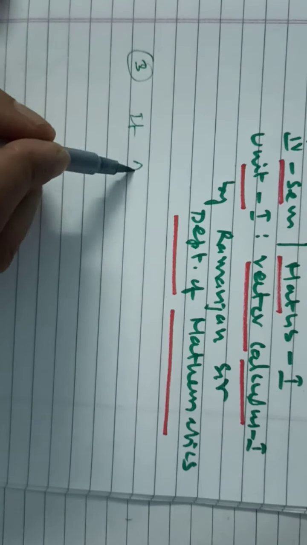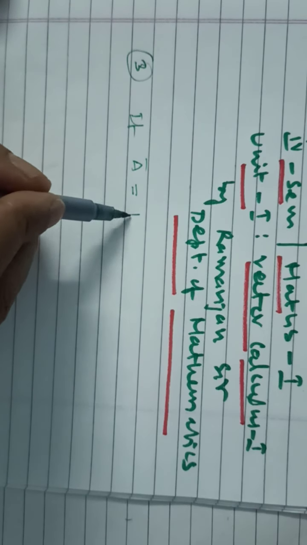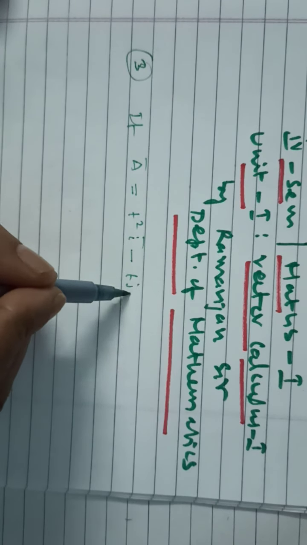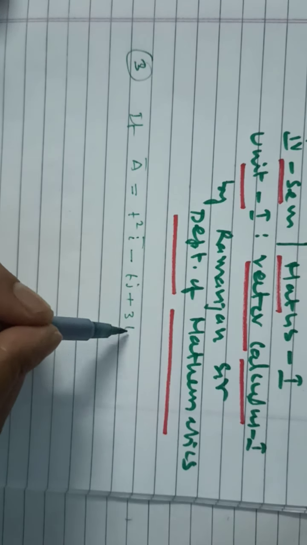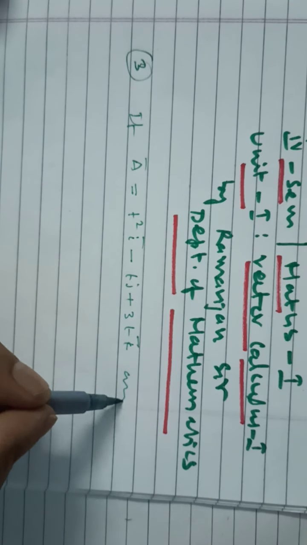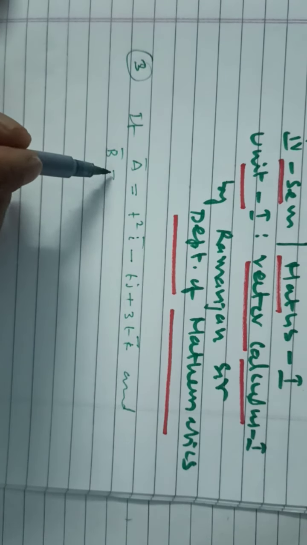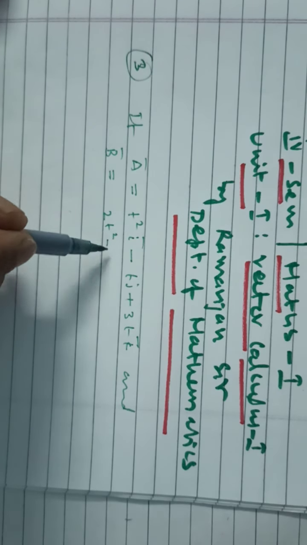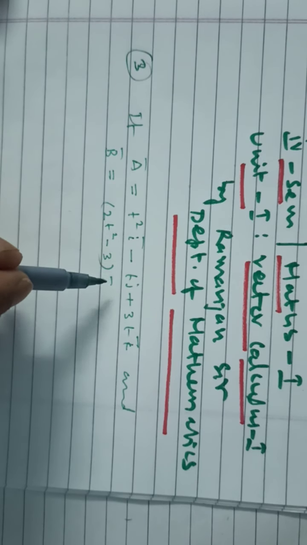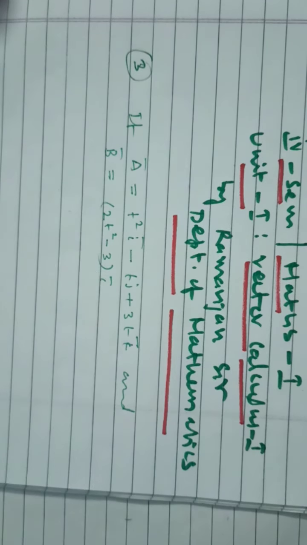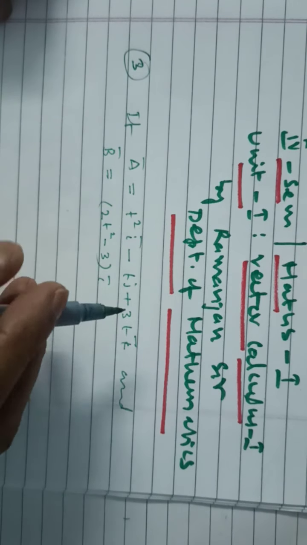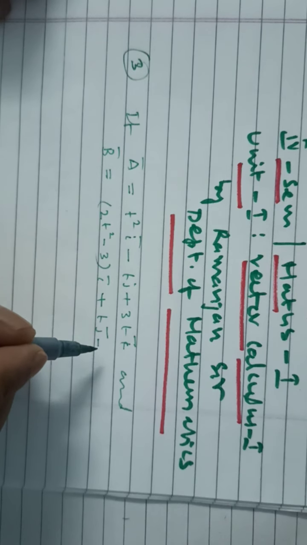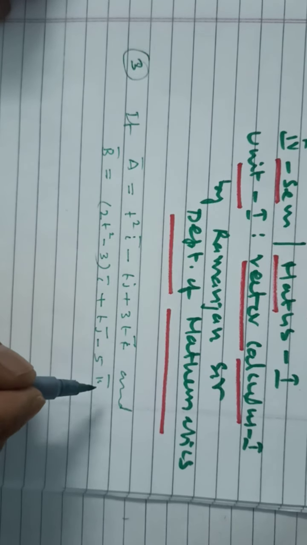If a bar is equal to t square i bar minus t j bar plus 3t k bar and b bar is equal to 2t square minus 3 of i bar plus t j bar minus 5 k bar.